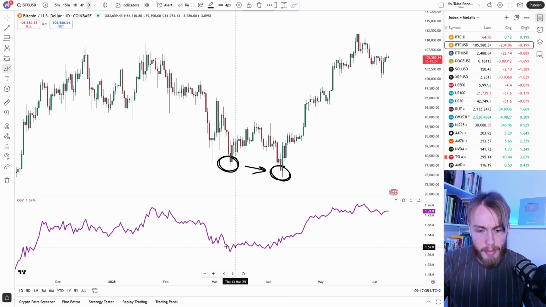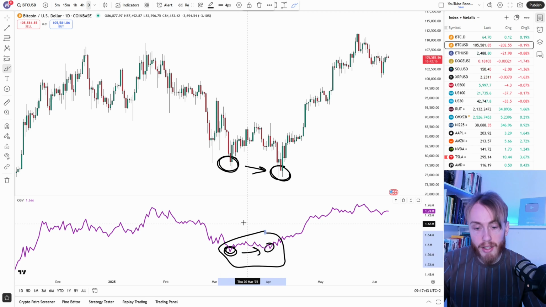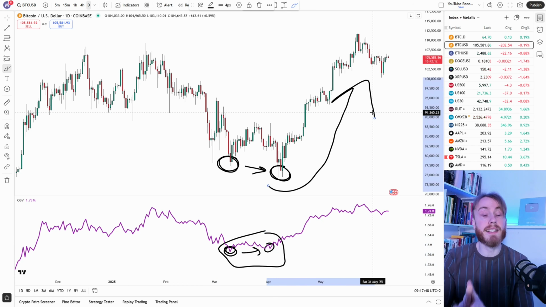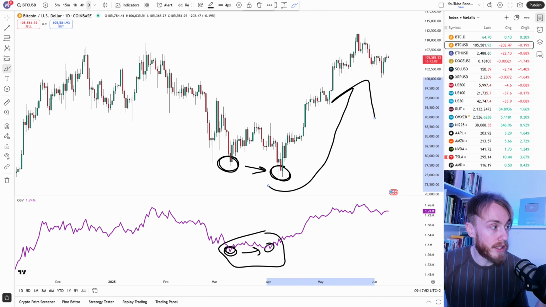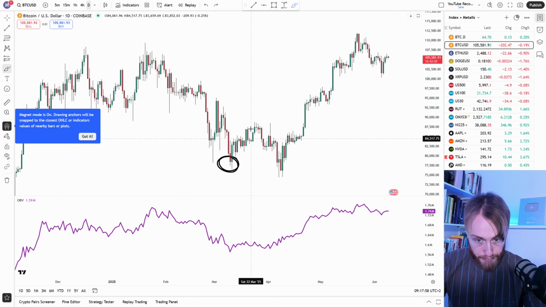But if you look on the on-balance volume, you can see that we have one low and then a higher low. So the price prints lower lows, the indicator prints higher lows. This right here is a bullish divergence and indicates a reversal to the upside. So this right here is a bullish signal flashing on the on-balance volume.